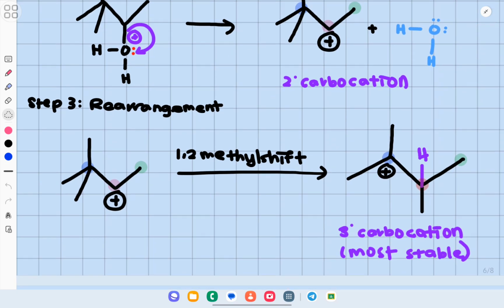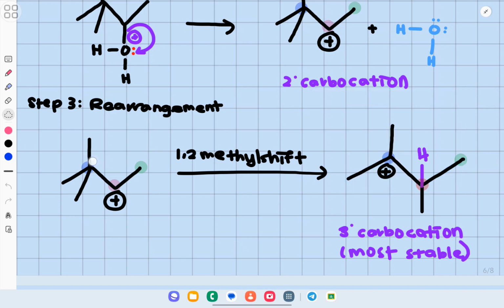The third step is rearrangement. As the 2° carbocation is unstable, a 1,2-methyl shift will occur to form the more stable carbocation. How? By shifting one methyl group from the blue carbon to the red carbon here. Thus, the 3° carbocation is formed in the blue carbon.